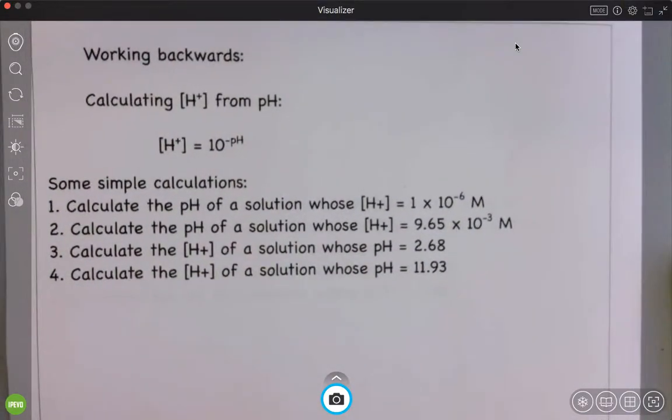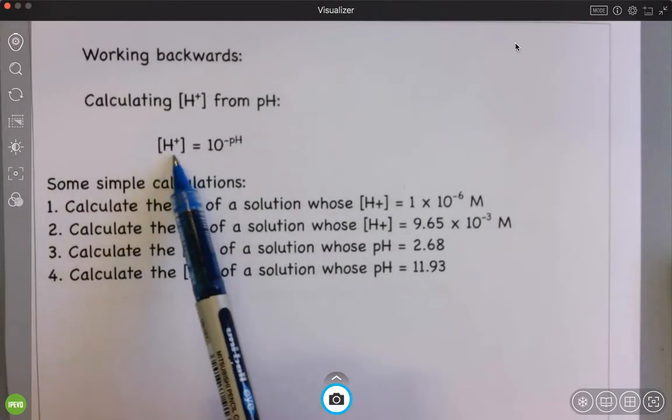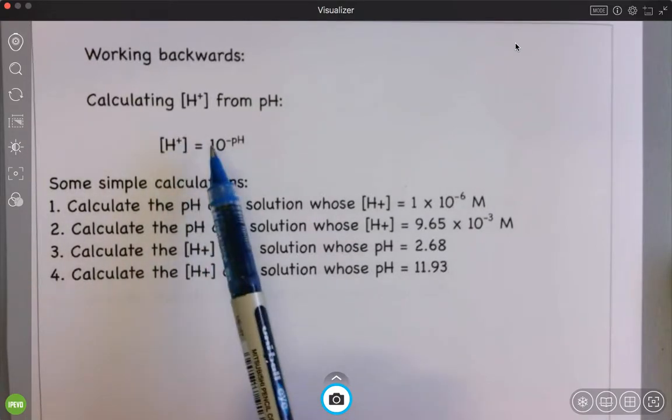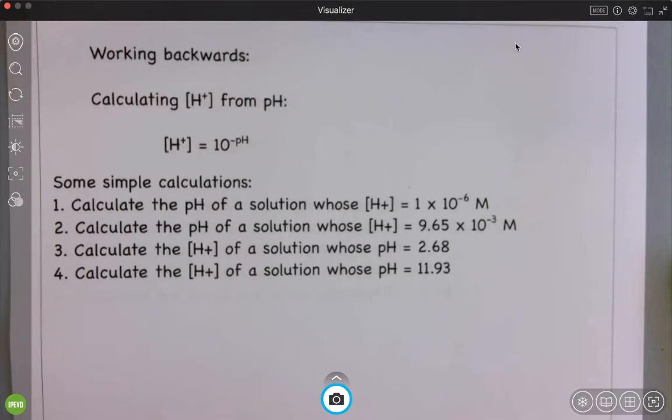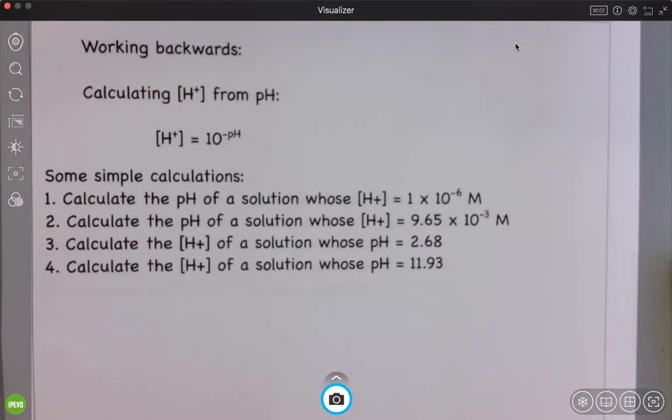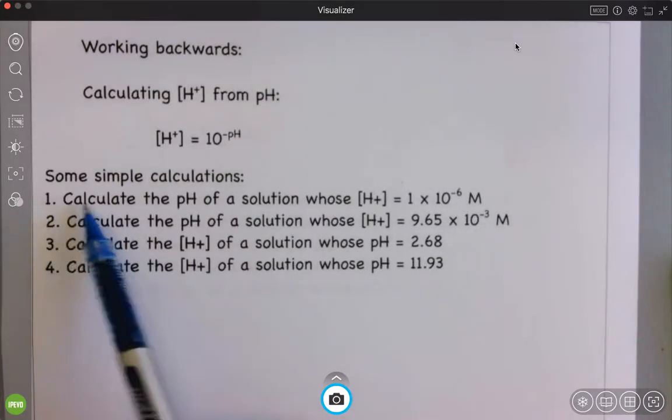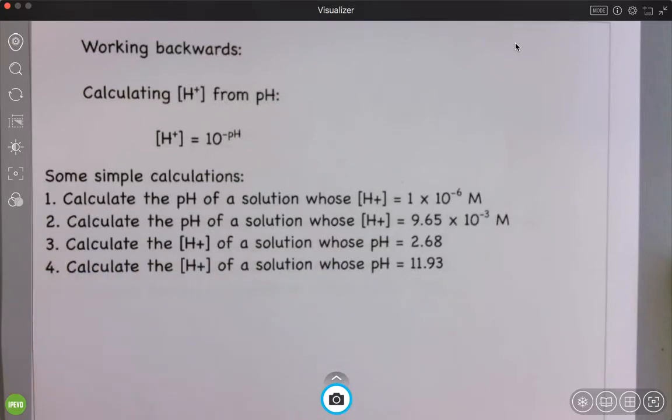So how do we work backwards from pH? If we work backwards from pH, the hydrogen ion concentration is equal to 10 to the power of negative pH. Once again, the 10 to the power of is coming from the fact that it's a logarithmic scale. So some simple calculations, we might just do 1 and 3.